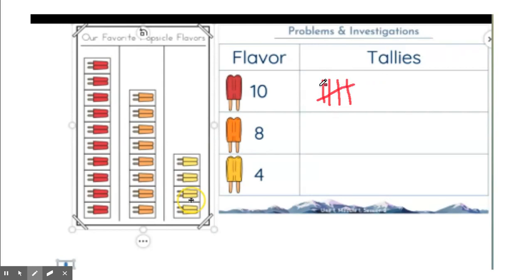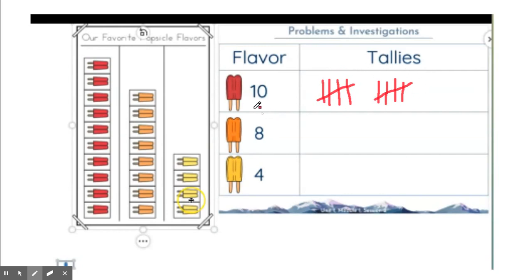Okay, so I have 1, 2, 3, 4, 5, and then I'm going to put some space, 6, 7, 8, 9, stand tall, 10, fifth, take a fall. So these 10 popsicles I put into 2 groups of 5, 5, 10.